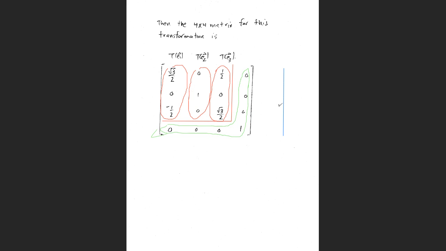And incidentally, what would the homogeneous coordinate consist of? What elements would be in there? Good, that's right, Benjamin.